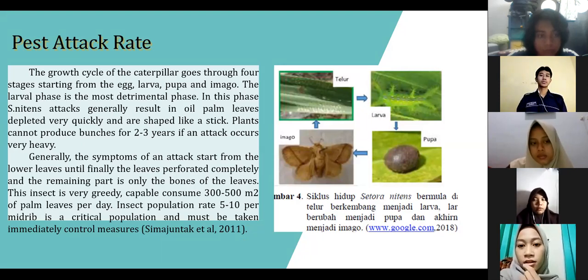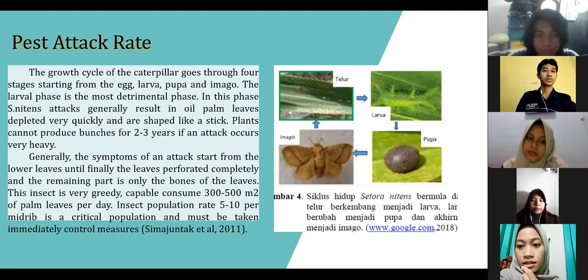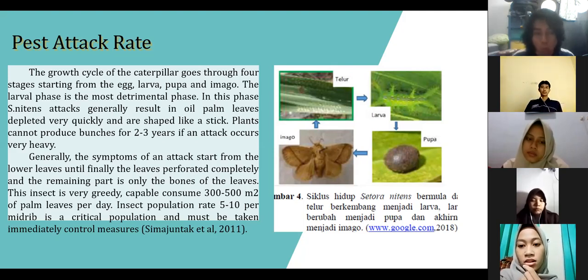Plants cannot produce for two to three years if a very heavy attack occurs. Generally, the symptoms of an attack start from the lower leaves until finally the leaves are perforated completely and the only remaining part is the bones of the leaf.